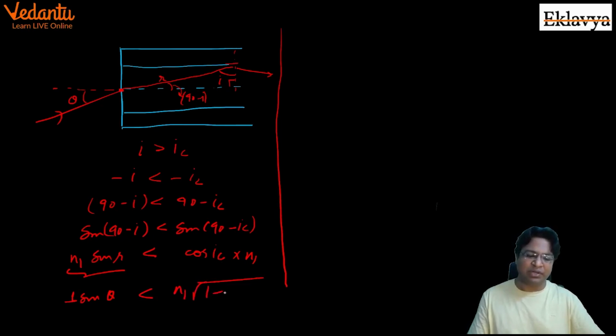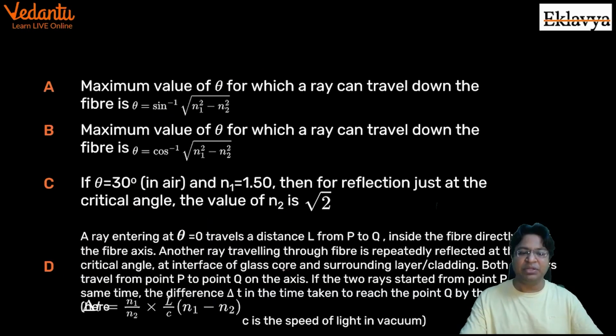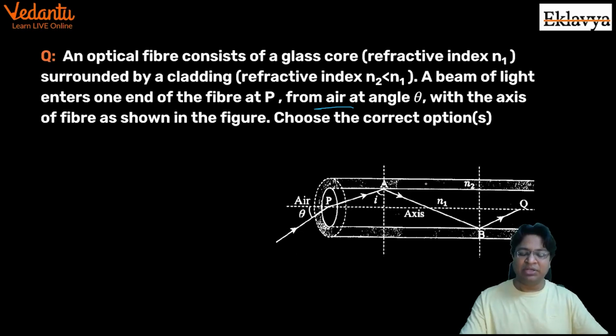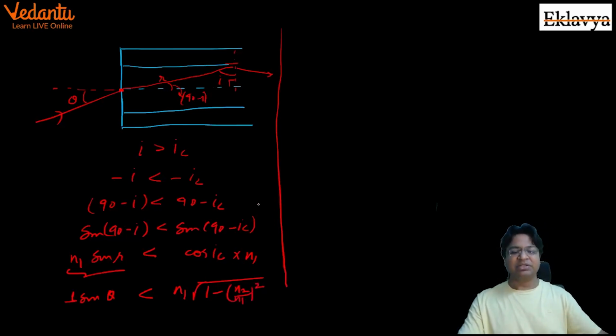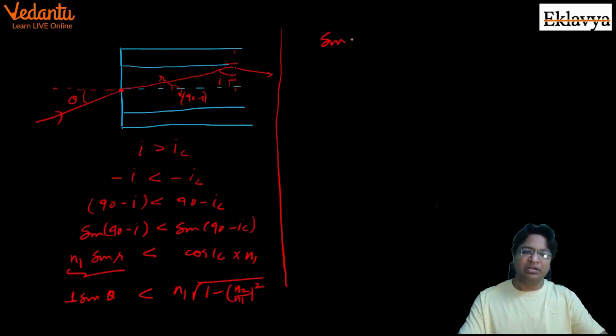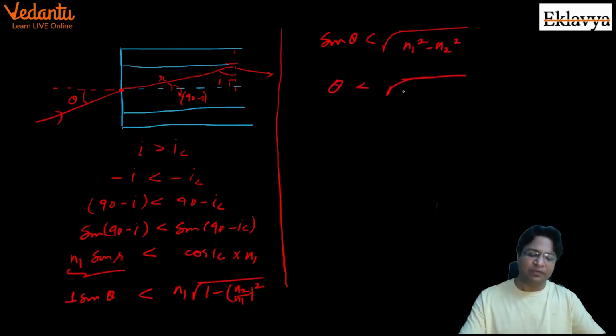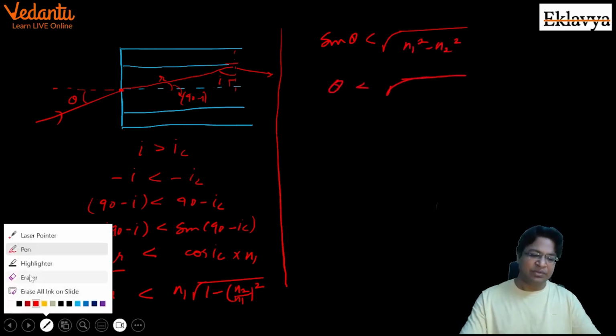Cos of the critical angle is root of 1 minus sine square of the critical angle, and sine of the critical angle would be the refractive index of the rarer medium divided by the denser medium, so it would be n2 by n1 squared. So you take n1 inside this root. So sine theta should be less than root of n1 square minus n2 square. So theta should be less than, actually sine inverse we should use.